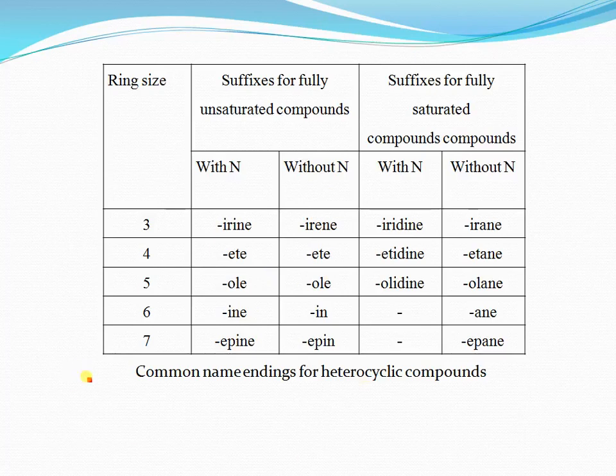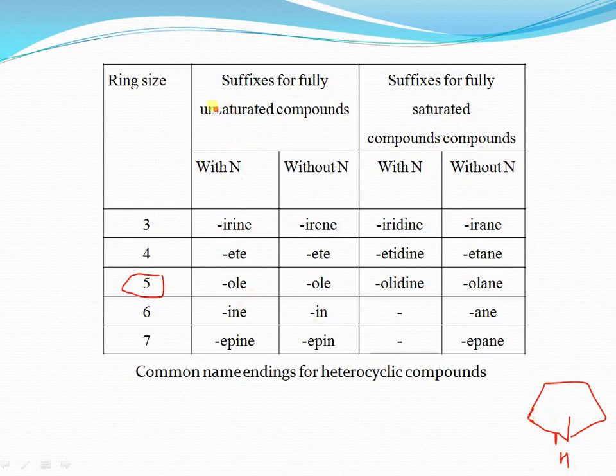This is a common name ending for heterocyclic compounds. For example, when we consider this 5-member ring system containing a nitrogen atom, nitrogen 3, this is a saturated ring system.